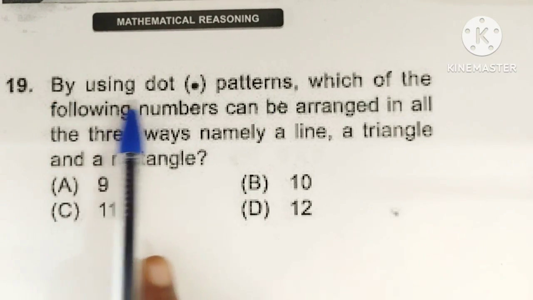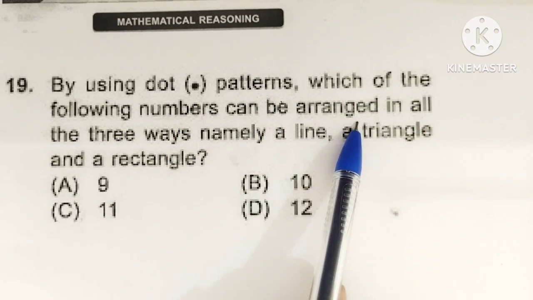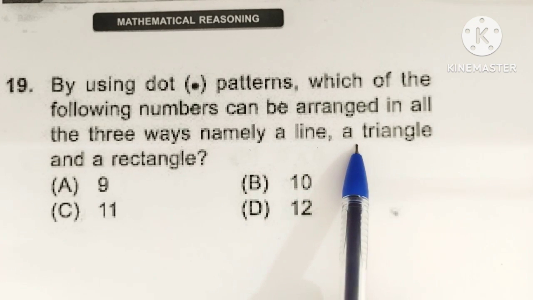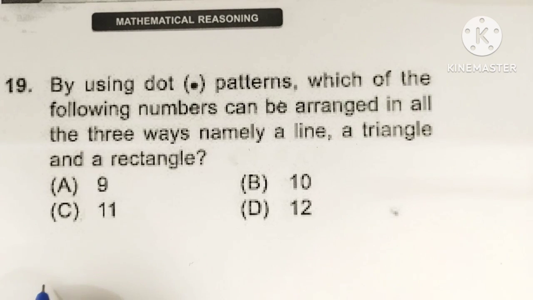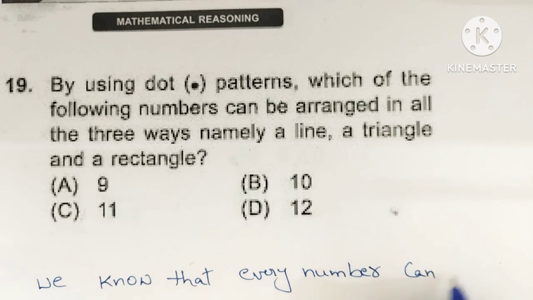19th one. By using dot patterns, which of the following numbers can be arranged in all the three ways, namely a line, a triangle and a rectangle? We know that every number can be arranged in a line.